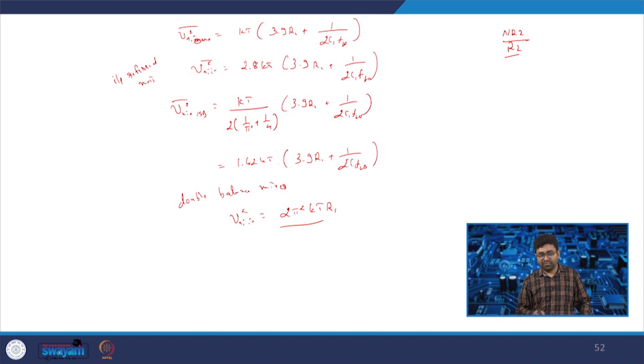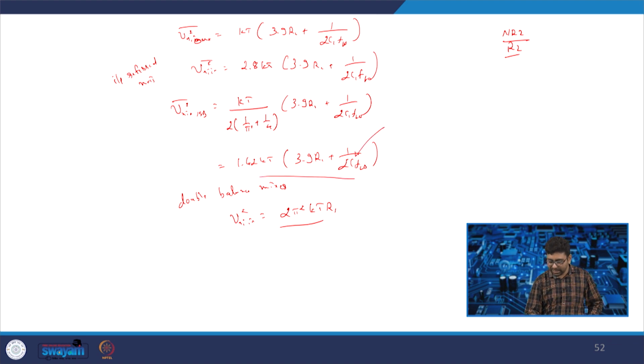The only difference is that there is an RL, and here there is R1, which is a switch capacitor.